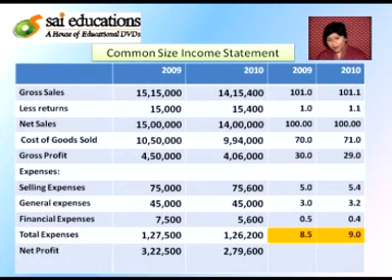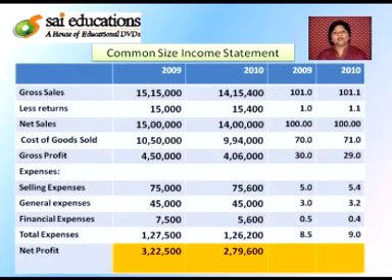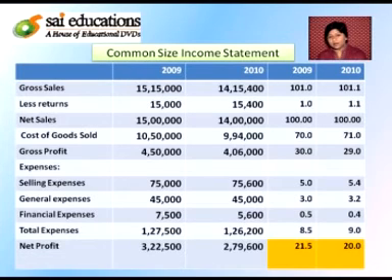And the effect on the net profit shows that in the year 2009 the net profit was 3,22,500, and in sales terms the net profit was 3,22,500 divided by 15 lakh multiplied by 100 means 21.5% of the sales. And in the year 2010 the profits were reduced to 20% of the sales.